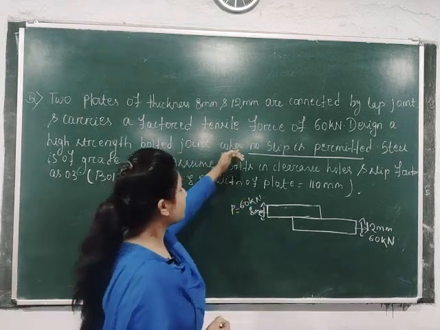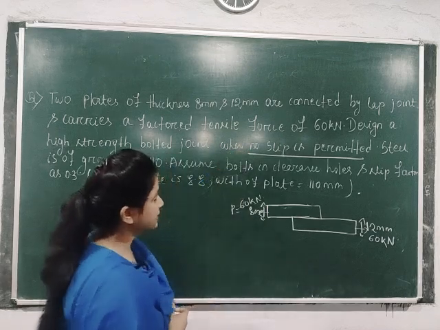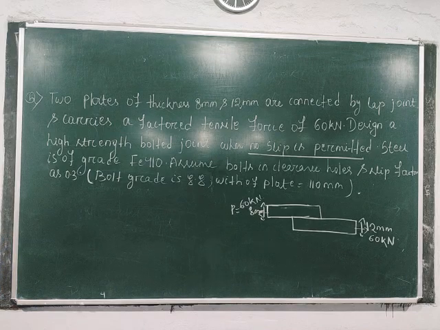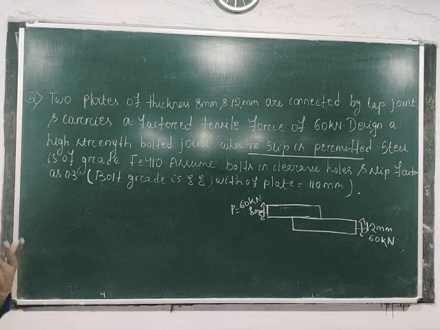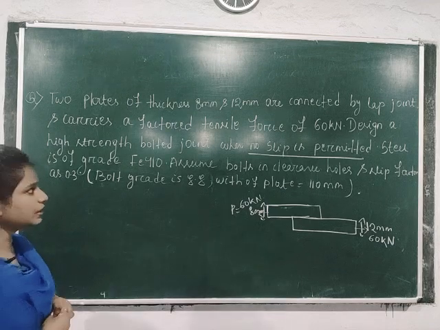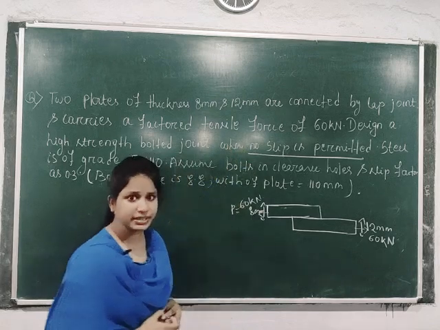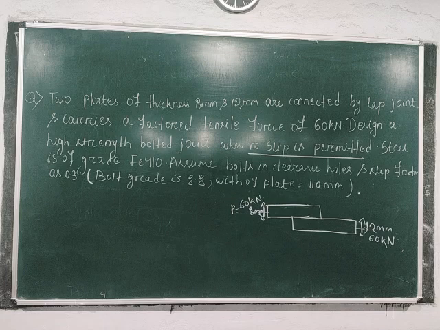So from the question and this condition, it is clear that it is the case of the high strength friction grip bolted joint. As in the case of high strength friction grip bolted joint, there will be no slip between the surfaces of two plates. That means here we have to design the high strength friction grip bolted joint.